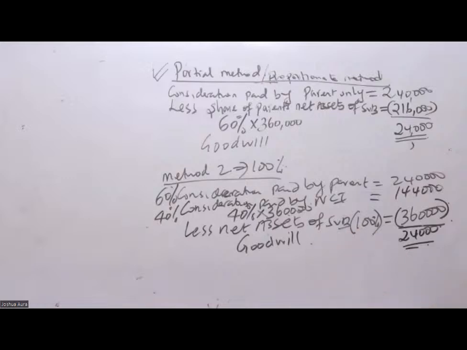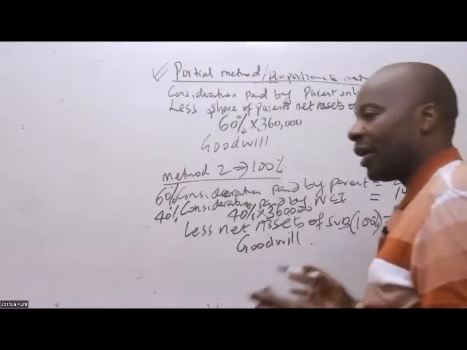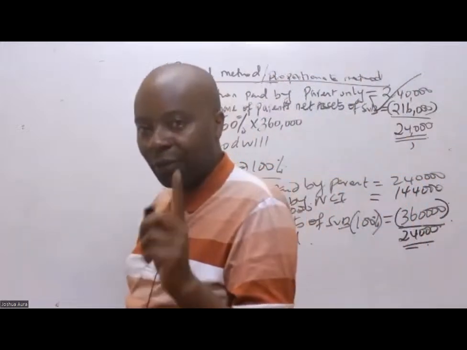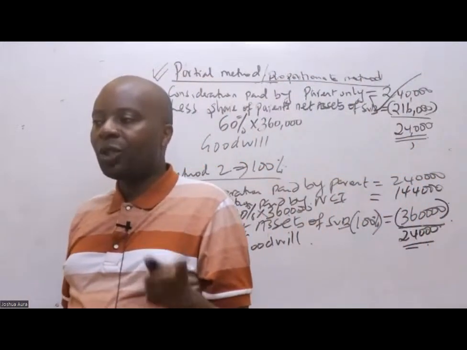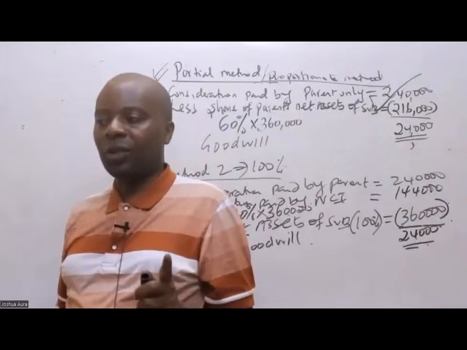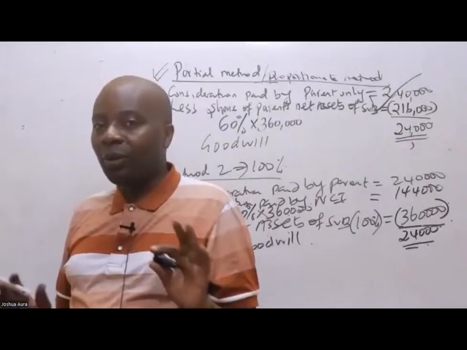But now you have to decide really. For my case, whenever I hear of partial or proportional method, approach number one is what I shall be using throughout. Whenever they talk of partial, it's very popular in your exam. Partial or proportionate method, I'll always use number one. I don't know about yourselves.